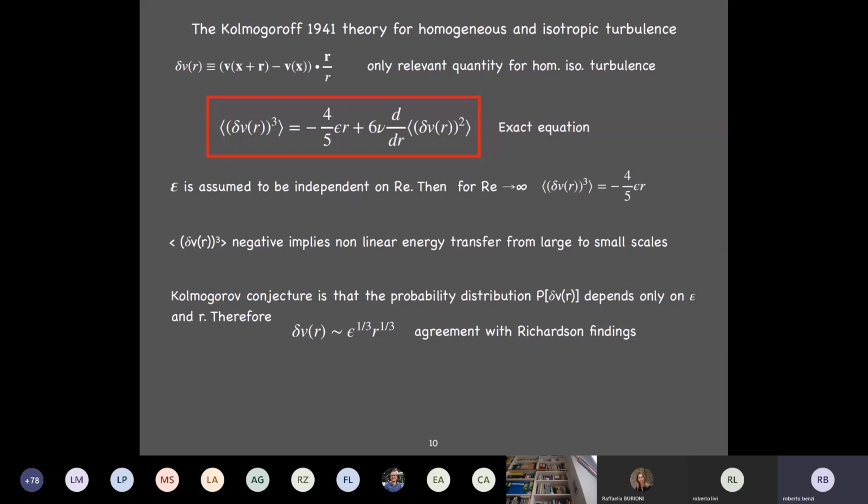And he showed that that quantity was the only one which characterized the full statistical property of the system if we assume that the system is homogeneous and isotropic.